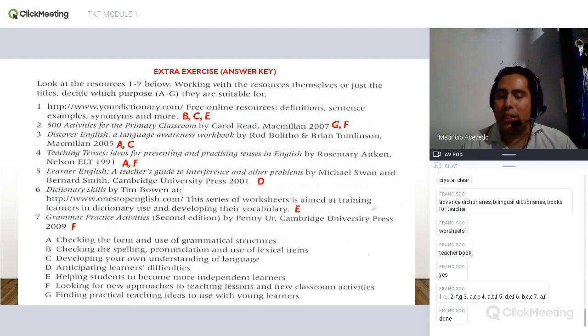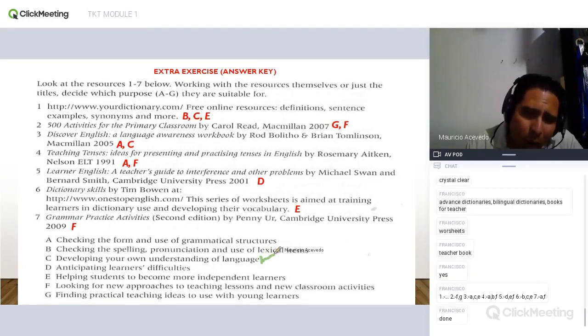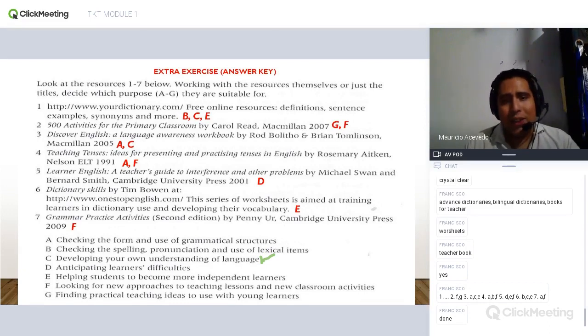So I agree with you, Francisco. Cambridge is wrong. I'm just kidding, but I agree more with you, Francisco. Maybe developing your own understanding of the language can be possible, if you think of analysis, but I agree more with you with B and E, but not C that much.